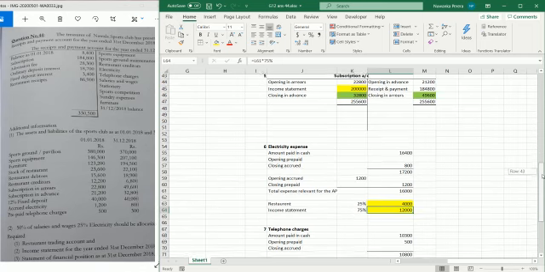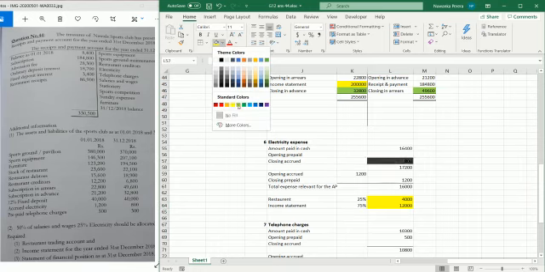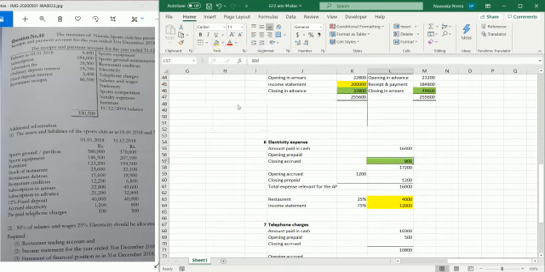Thereafter, closing accrued amount of 800 has to be recorded in the statement of financial position, and this has to be recorded under current liabilities.